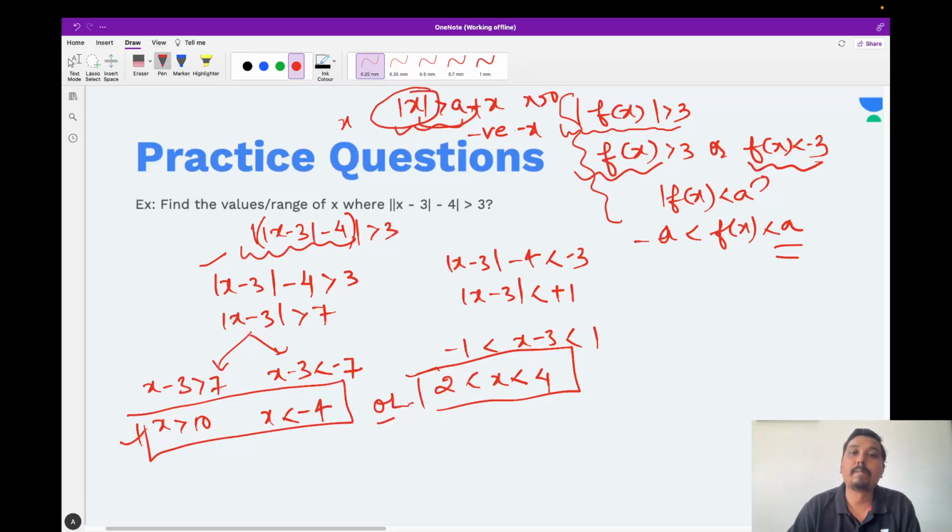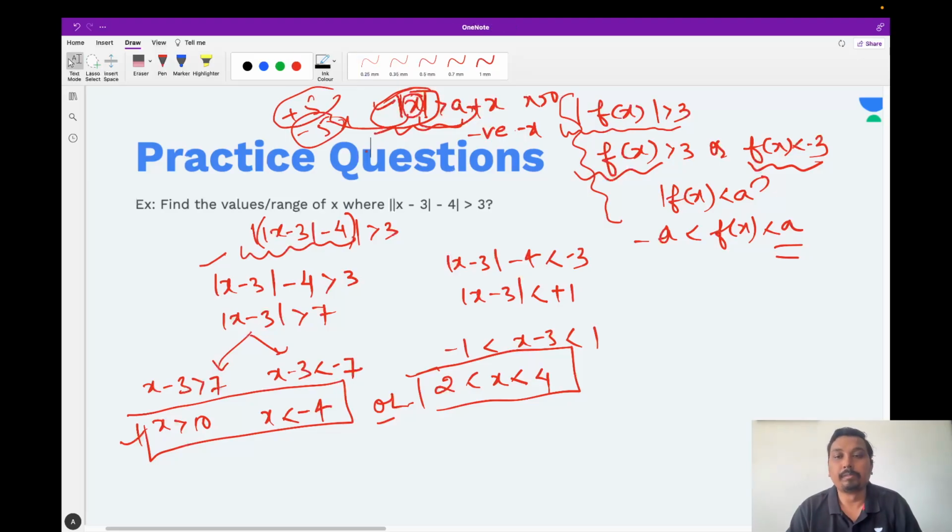This whole value will be positive always, because once I put this symbol, I am asking for only the absolute value. But inside this, the x can take either plus 5 or minus 5. So it can take both values, that is possible.